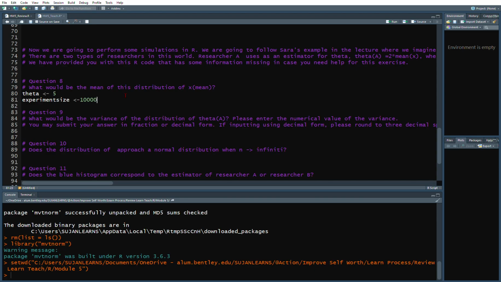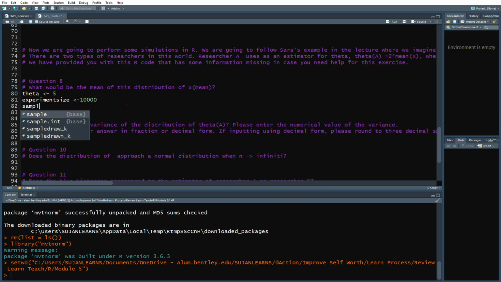Let it be around 10,000. Sample size for each draw will be 100.